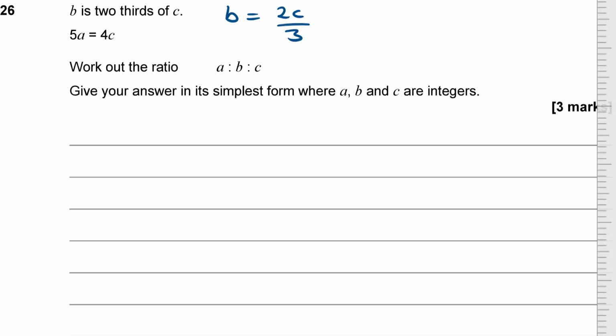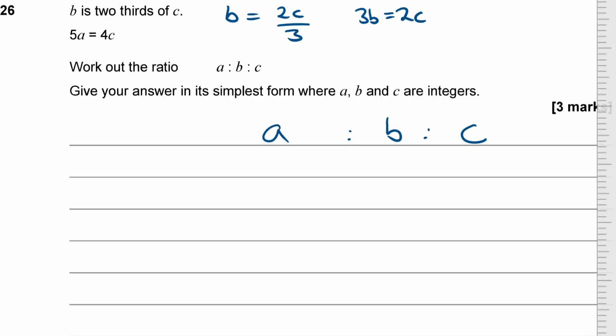Now what? Work out the ratio of A to B to C. Let's take the 5A equals 4C to start with. Well, if B is equal to 2/3 of C, or B equals 2C over 3, then I can rewrite that and say that 3B is equal to 2C.